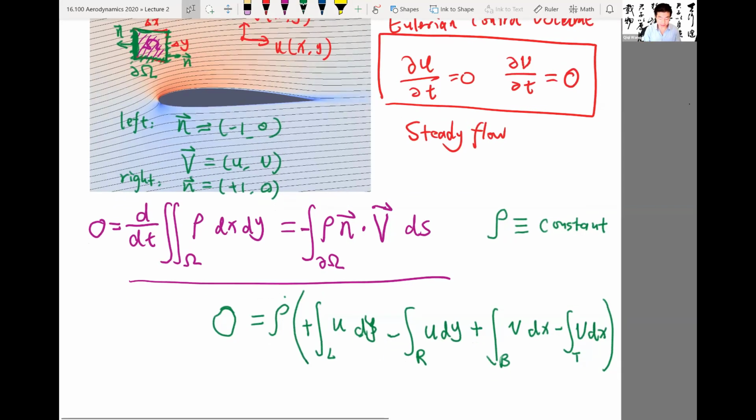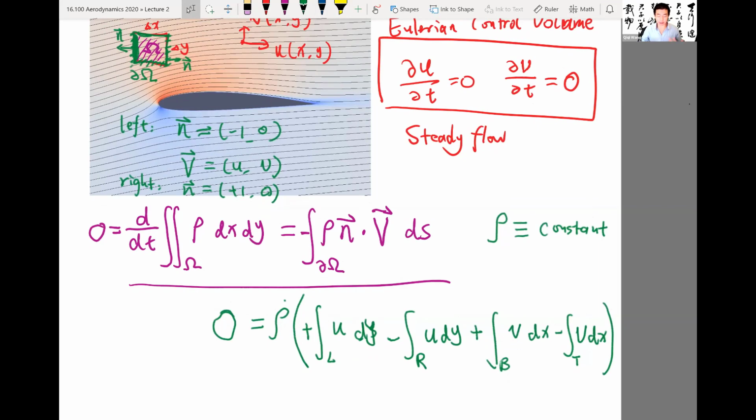All right, so this is basically writing the general conservation of mass in terms of this particular square. And then let's take the square and shrink it to 0, right?